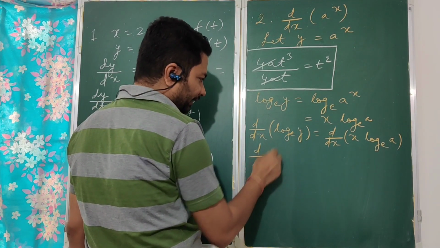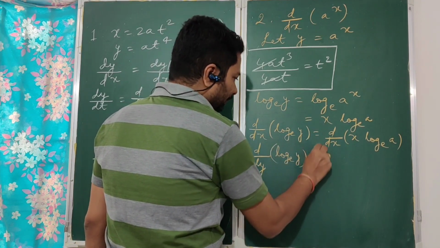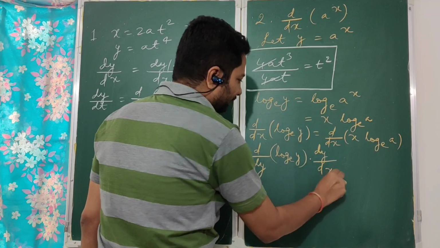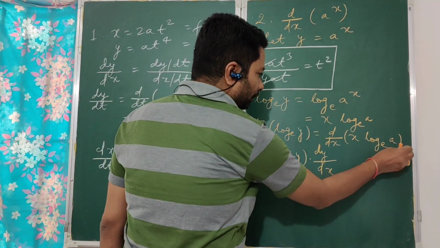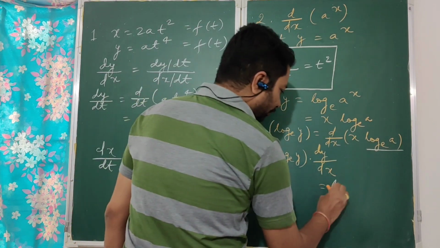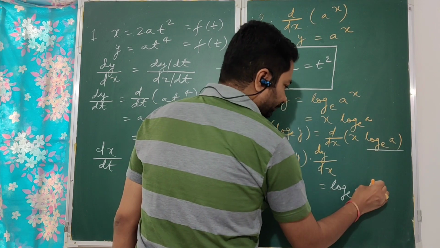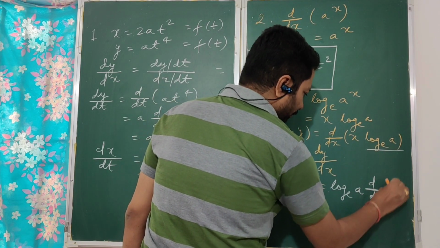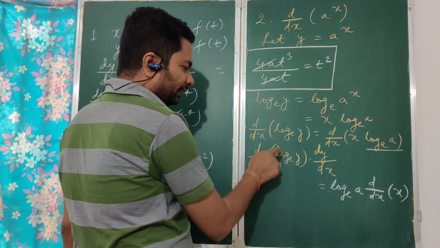Chain rule: d by dy of log e y into dy by dx, and that can be written as, here this term is constant, so you can take it outside, log e a d by dx of x. So what is d by dy of log e y?